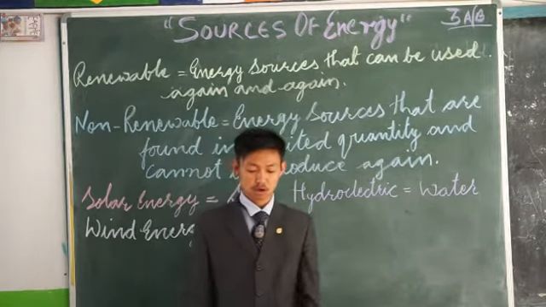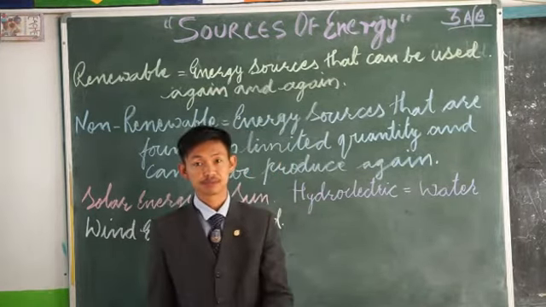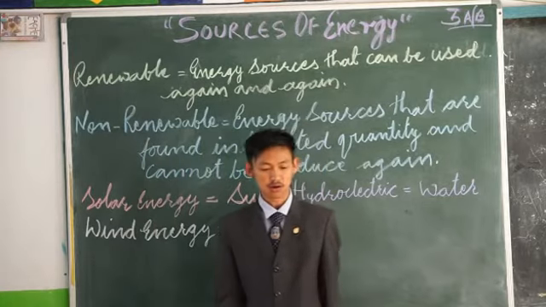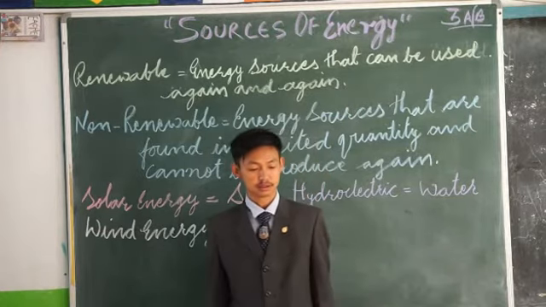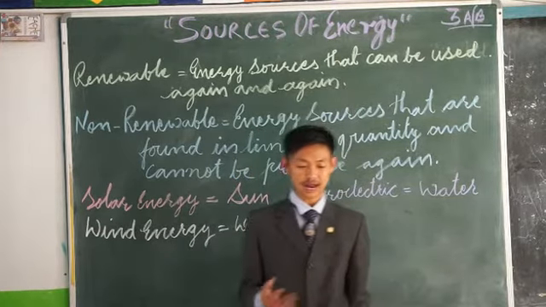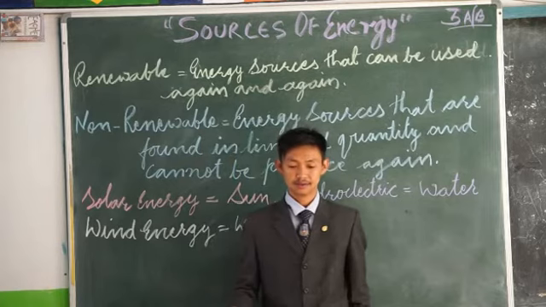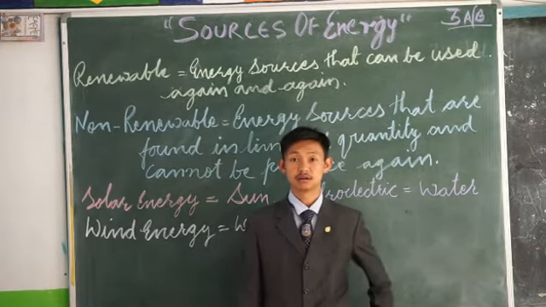For example, coal, petroleum and natural gas are non-renewable sources of energy. Once these resources are used up completely, they cannot be produced again.